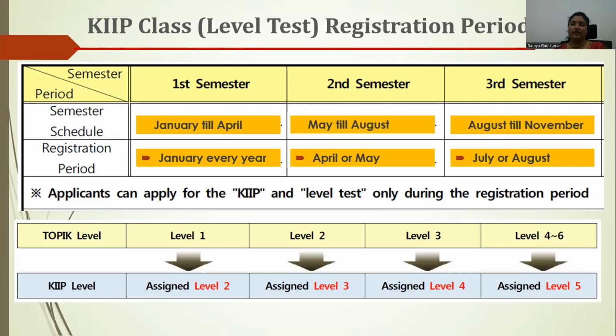There are, I think, vacancies for 12 to 15 people per class. Any class can accommodate, I think, a maximum of 15 people. Once there are a lot of people, they will close the registration also. So in case you are interested to apply, when the registration period starts, you can go and apply initially. Like I told you, there is a correlation between TOPIK and KIIP also. If you have these levels, you can go to the next levels.